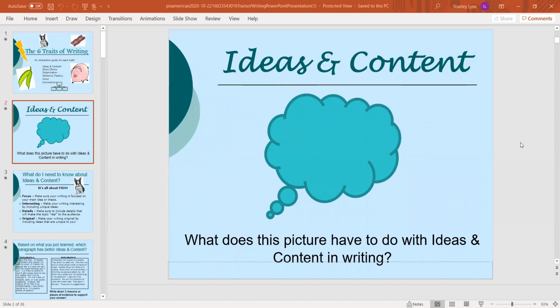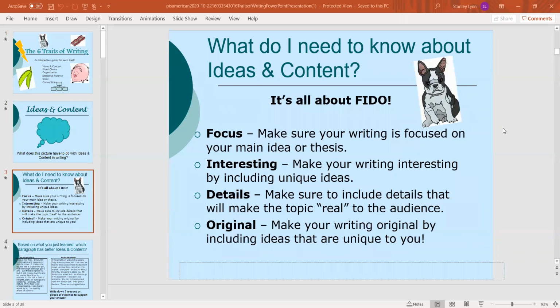Ideas and content. What does this picture have to do with ideas and content in writing? We know when we see this little picture, it is usually above someone's head and they're thinking about something, okay? What do I need to know about ideas and content?